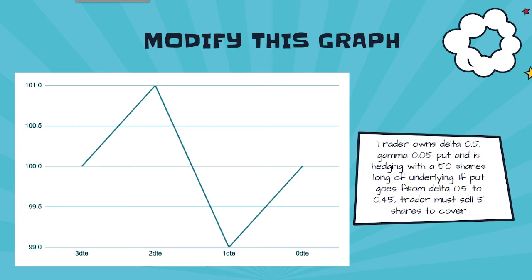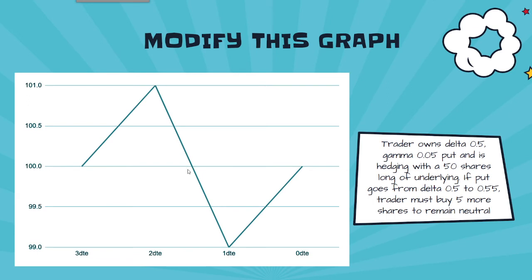So even though we lost money on the put, we gained money on the long position. But now that our delta is 0.45, we actually have to sell 5 of those shares to remain neutral going forward. And that's why, when we sell those shares, the selling pressure causes us to go back to the pin at strike 100, the at the money pin.